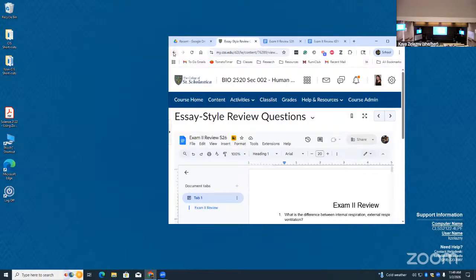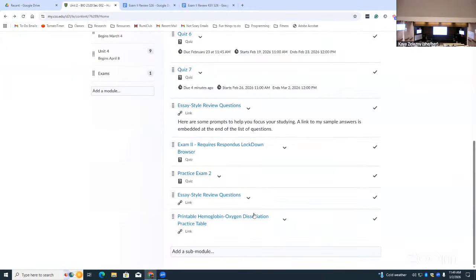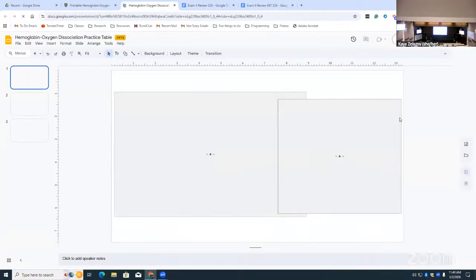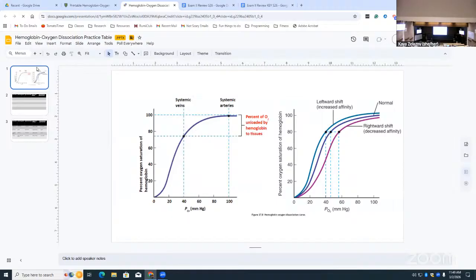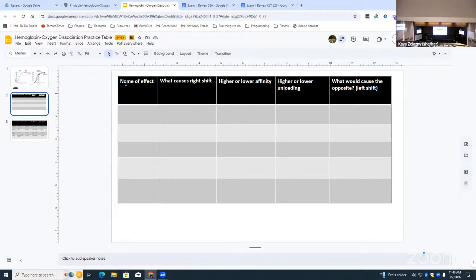there we go. This, which is on those right and left shifts, those hemoglobin oxygen dissociation curves. So we've got a picture of the curve, what these various parts of the image mean, and a blank table where you can talk about each of the effects, what causes a shift, and link that up to higher and lower affinity for oxygen, higher and lower unloading at tissue, and then left shifts.